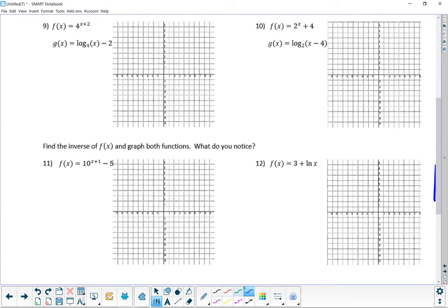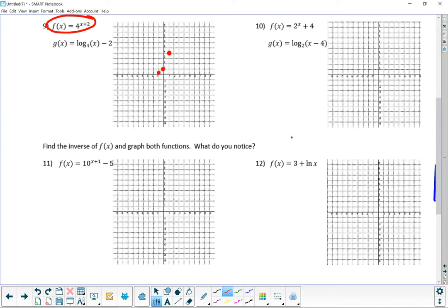Going forward, I won't be writing the table of values for the exponential function anymore. All right, so the first one is f of x equals 4 to the x plus 2. When I do this, I'm going to graph the exponential parent function first. So this one's going to be (0, 1), (1, 4), and then (-1, 1/4).